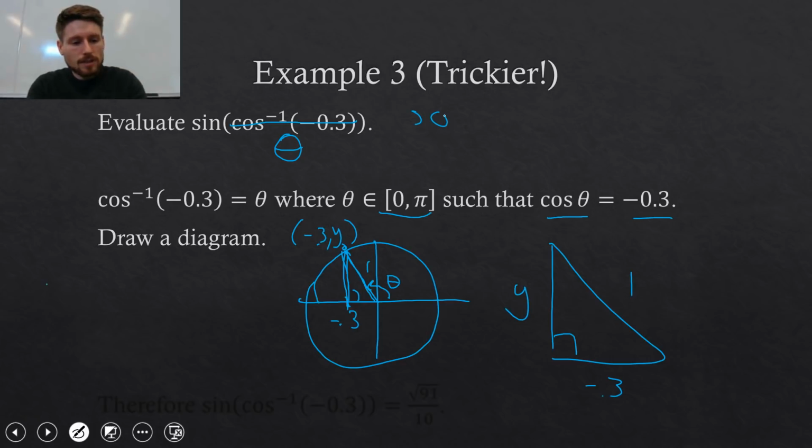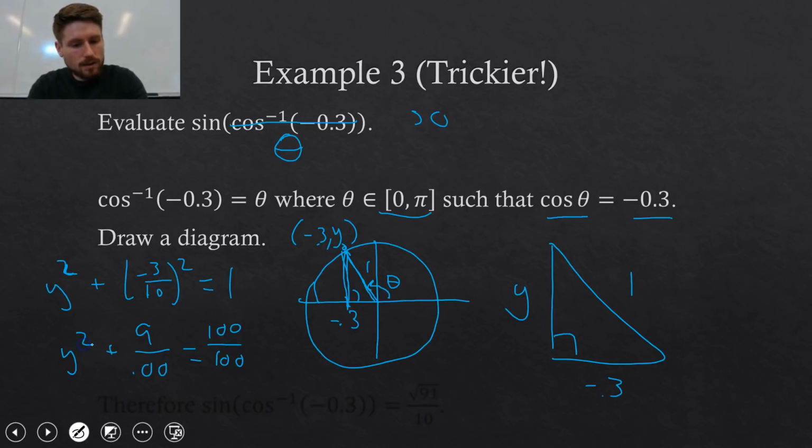So we know y squared plus, I'm going to write this using a fraction, negative 3/10 squared equals 1. Negative 0.3 is negative 3/10. So this is 9 over 100 plus y squared equals 100 over 100.